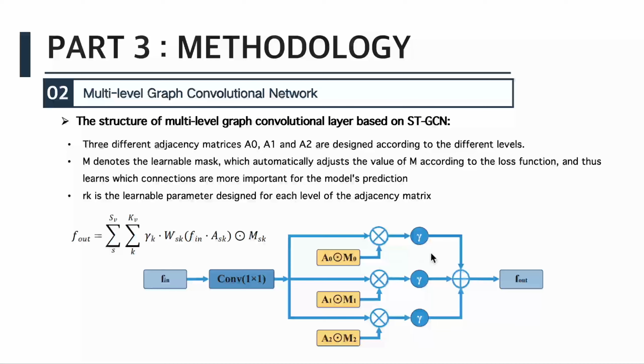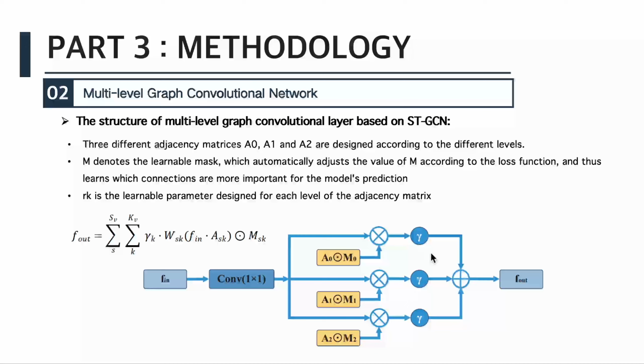The spatial convolutional network in the ST-GCN model uses a single adjacency matrix A, while we designed 3 different structures of adjacency matrices A0, A1, and A2, based on the different levels.